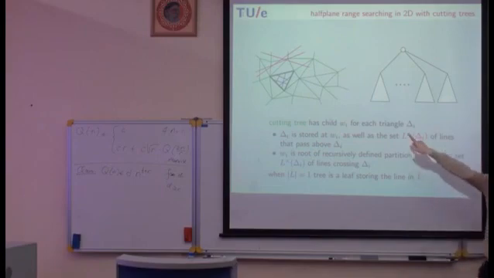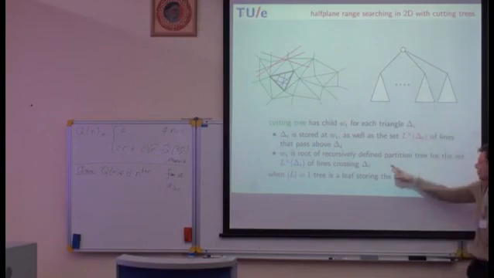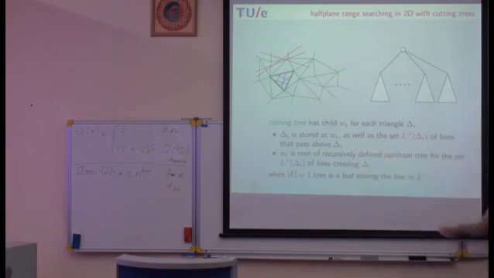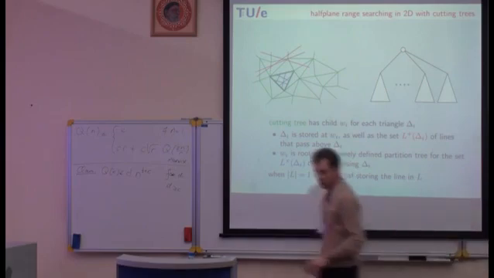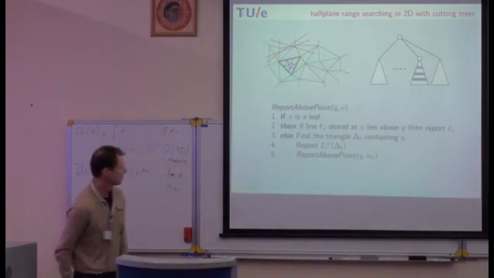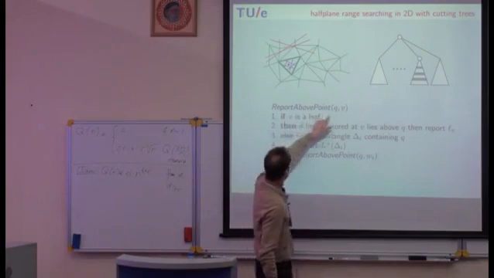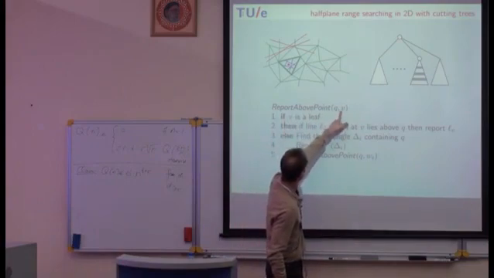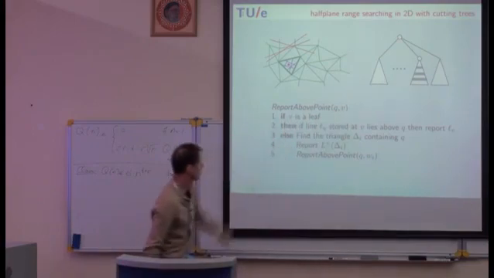And then this is the root of a recursive structure for the lines that go through the triangle. So, how do you answer a query? Again, it's a recursive algorithm. You get to a node v with your query point q, the red point.